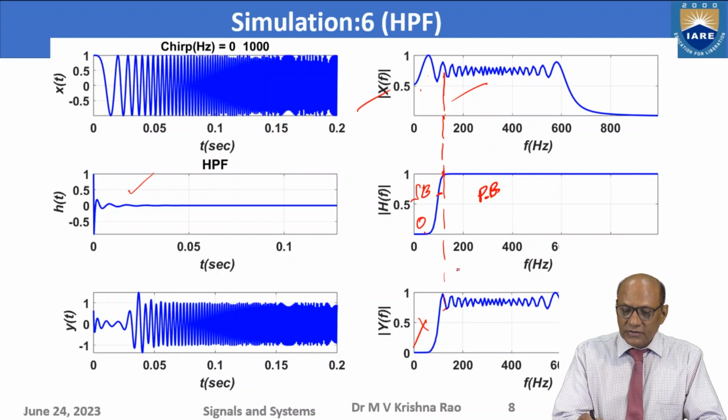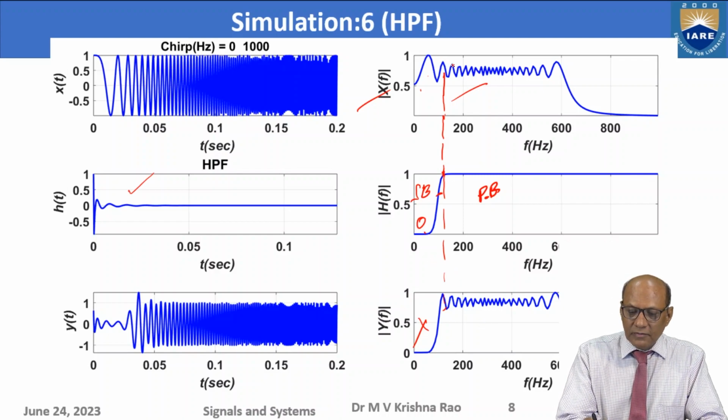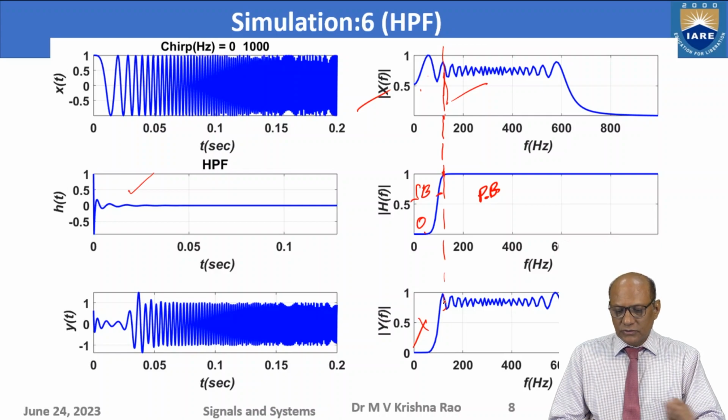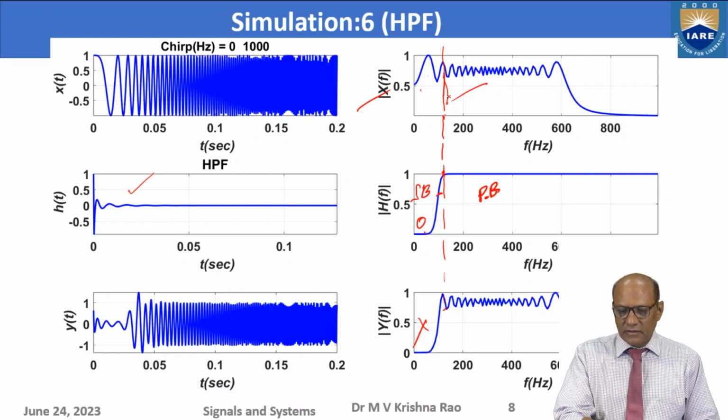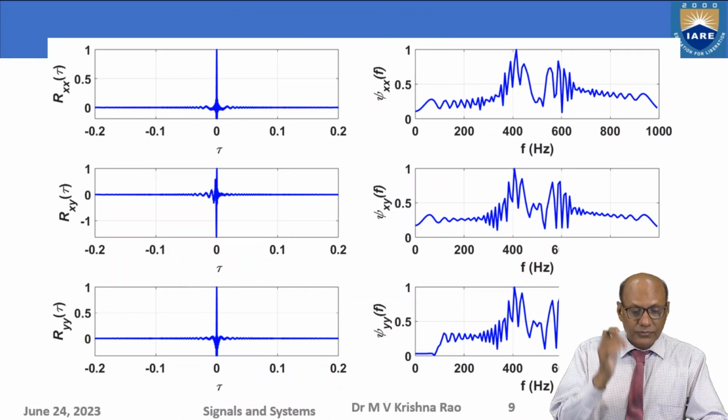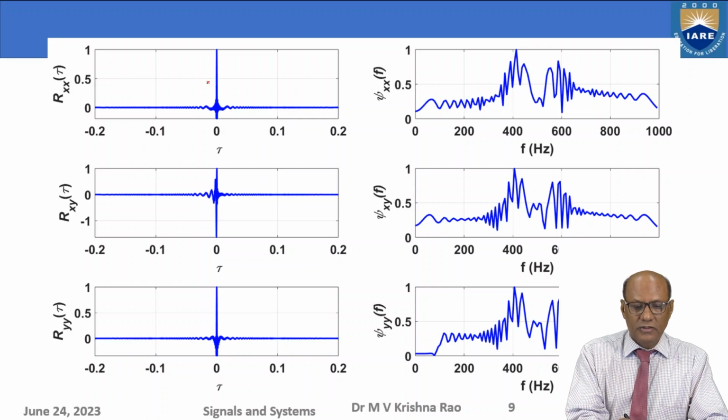What you see is the same spectrum, but to the right of the cutoff frequency. It is not exact: from here it is taking, other portions it is removing. Now the autocorrelation functions. The autocorrelation function is this, the same thing, and the cross correlation.